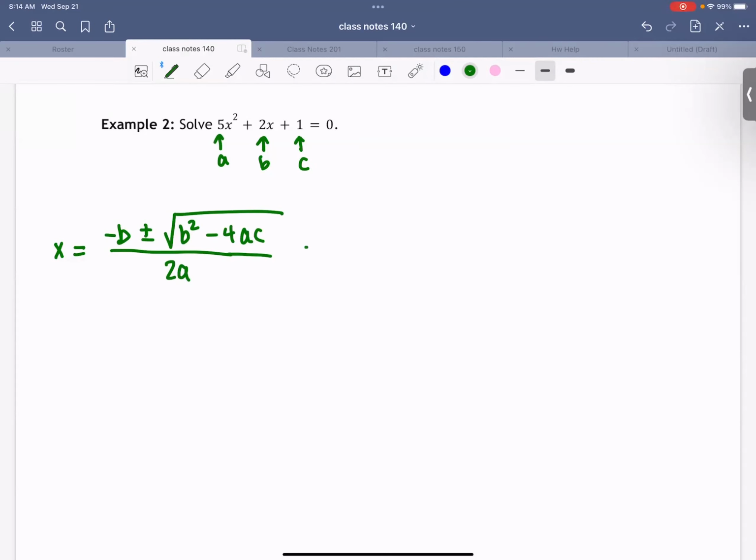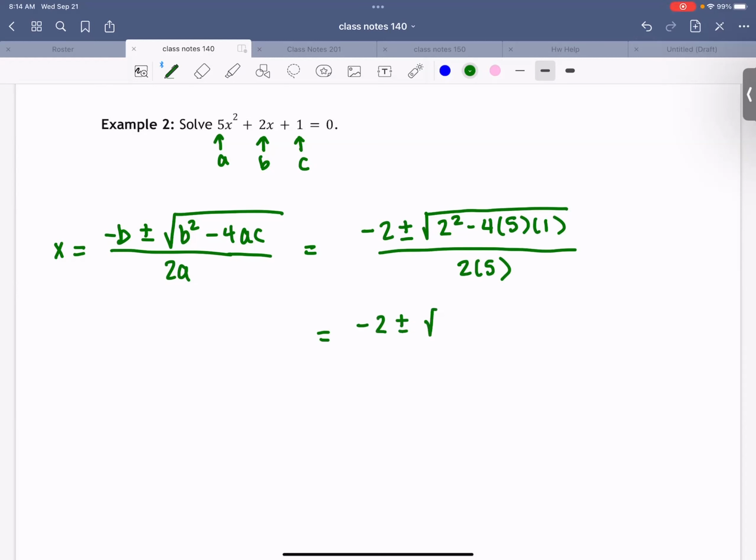Let's just plug in, right? So we have -2 plus or minus the square root of 2 squared minus 4 times 5 times 1, all over 2 times 5. Okay. So I think we can do some cleaning up here. We've got -2 plus or minus the square root of 4 minus 20 over 10.